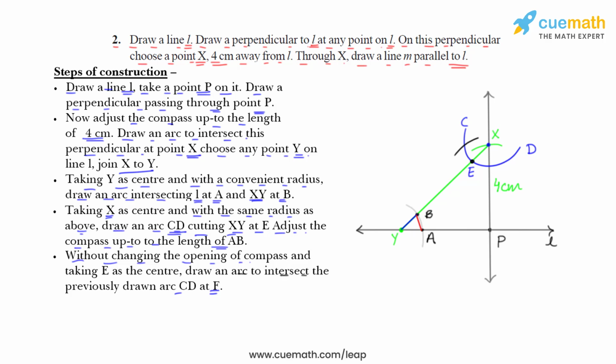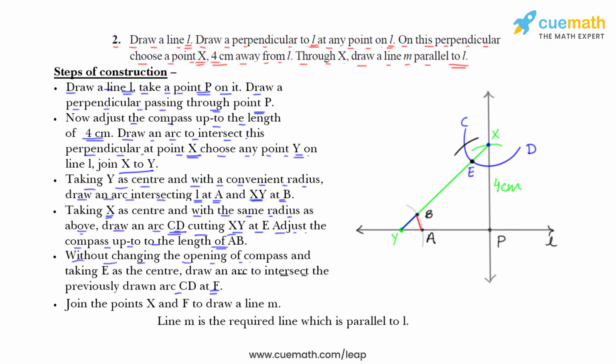Last step: join the points X and F to draw a line M. That line M is the required line which is parallel to L. Now we have to draw a line passing through this point F and X, and that line will be parallel to L. So we draw a line passing through F and X like this.